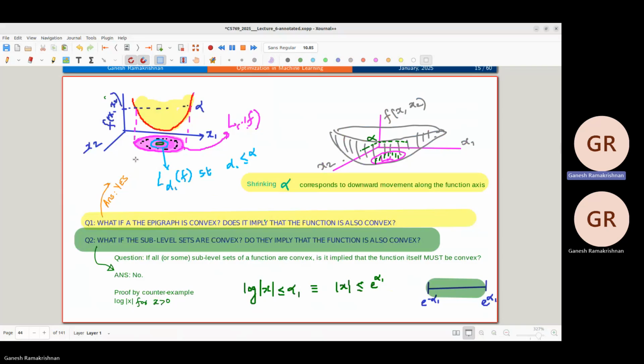Same first principles proof. If the sublevel set is convex, does that imply that the function is also convex? If some sublevel set is convex, it doesn't look convincing at all. Why should the function be convex? But I'm making a stronger argument. If all sublevel sets of a function are convex, is it implied that the function itself must be convex?